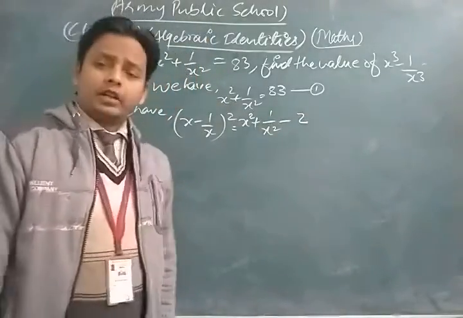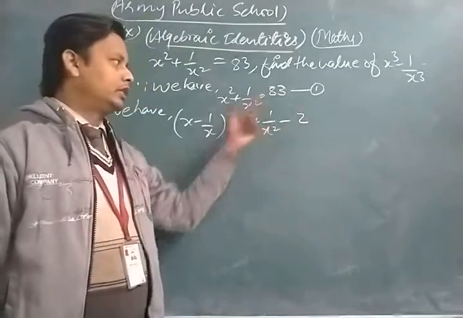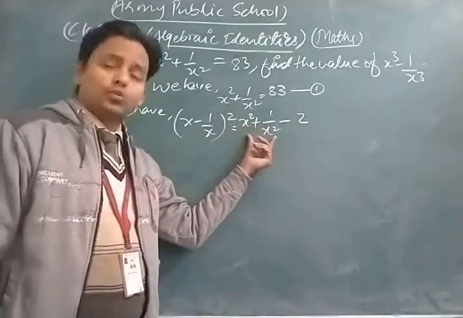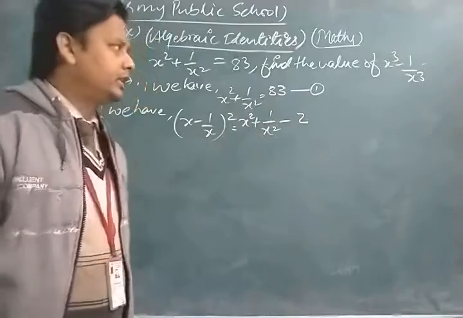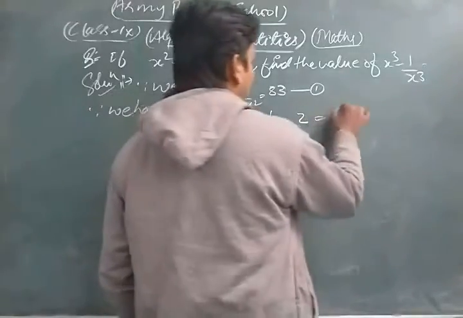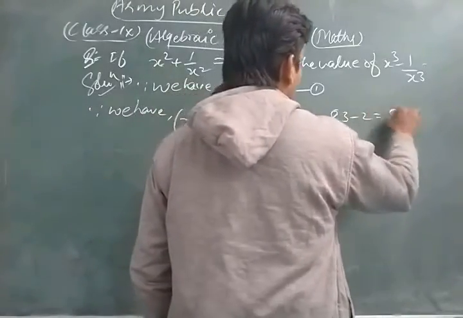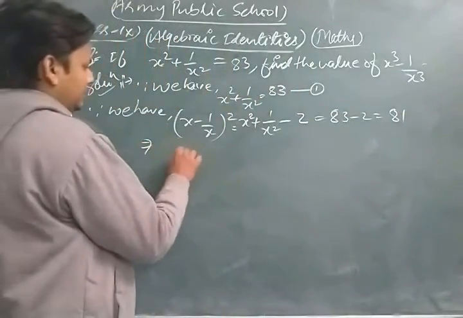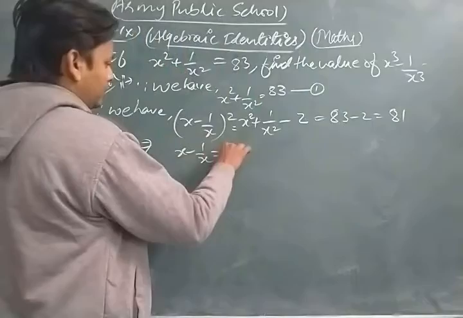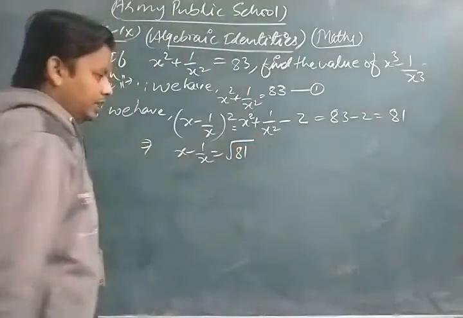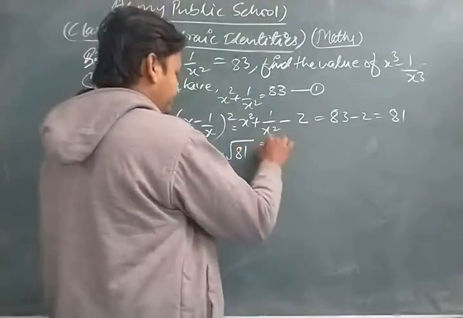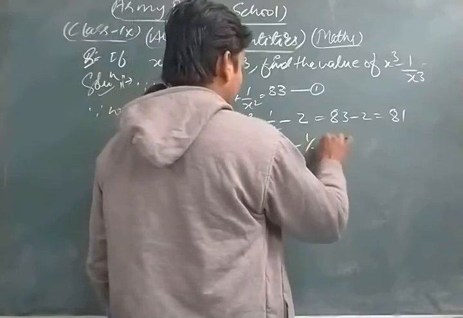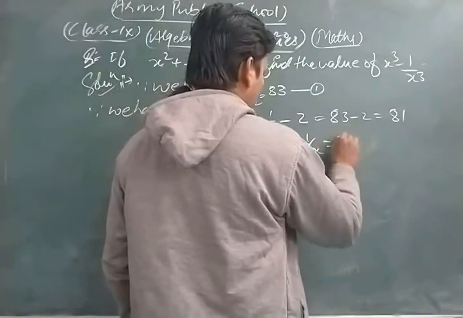Now, using equation 1, we put the value of x square plus 1 upon x square equal to 83. So 83 minus 2 is 81. This implies x minus 1 upon x is equal to under root 81, that is 9.